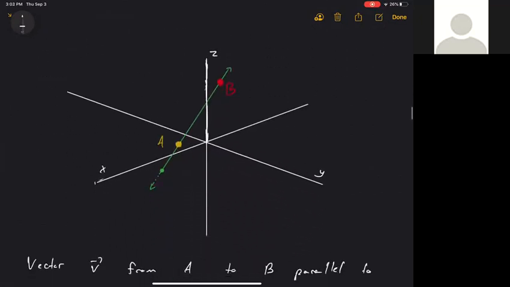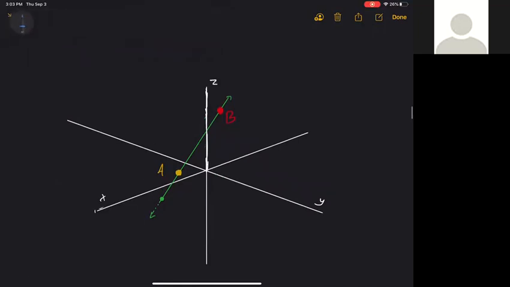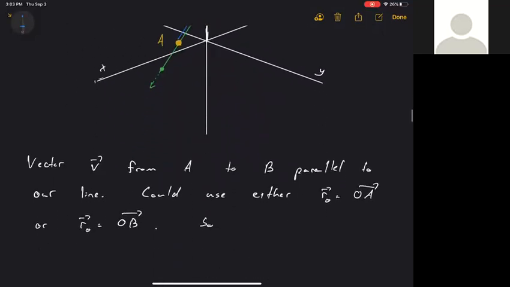A picture of what I'm talking about: maybe we want to find the equation of this green line, and we're told the points A and B are on the line. I need to find a parallel vector somehow. Well, if I can find the vector that goes from A to B, that's going to be parallel to my line, right? Okay, so let's remember how we find a vector between 2 points.